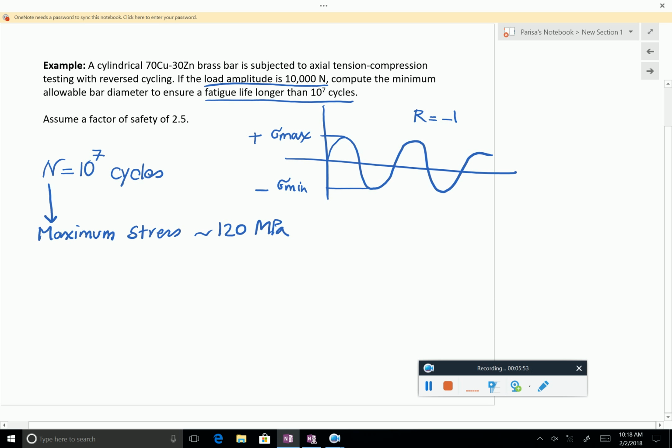And look here, since the loading looks like that, the maximum stress and the amplitude would be the same. So this is also the stress amplitude.